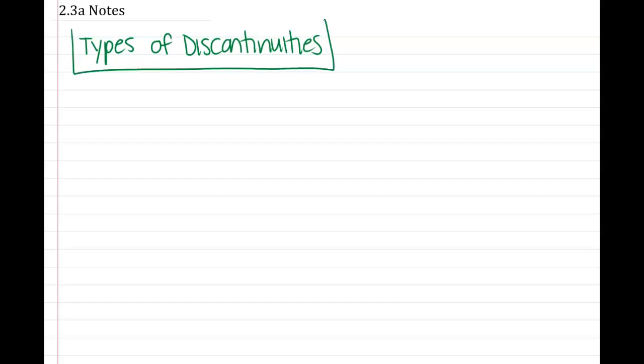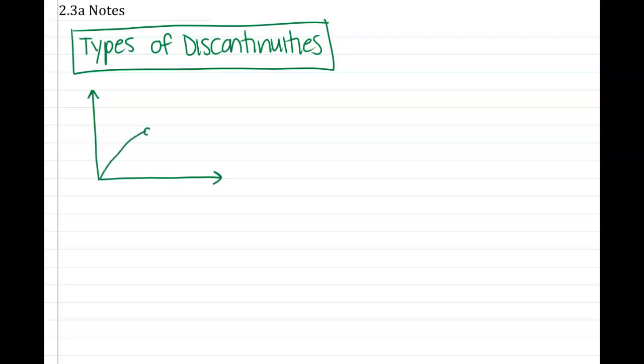2.3a is types of discontinuities. All right, so first we have one that looks like this.